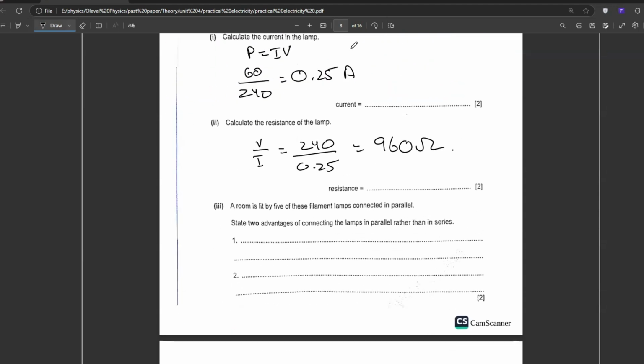Let's further move ahead. A room is lit by 5 of these filament lamps connected in parallel. Give two advantages of connecting the lamps in parallel rather than in series. What is the first advantage?